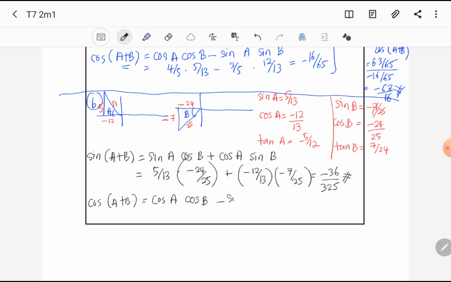So minus sin A sin B equals to, okay, tengok cos A negative 12/13 times negative cos B 24/25 minus sin A 5/13 and times sin B negative 7/25. So the answer is 323/325. Okay, macam tadi jugalah.